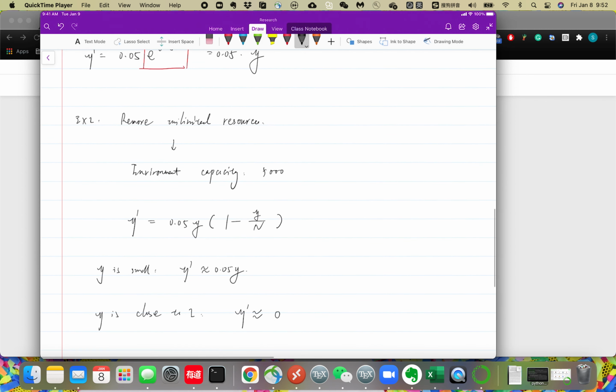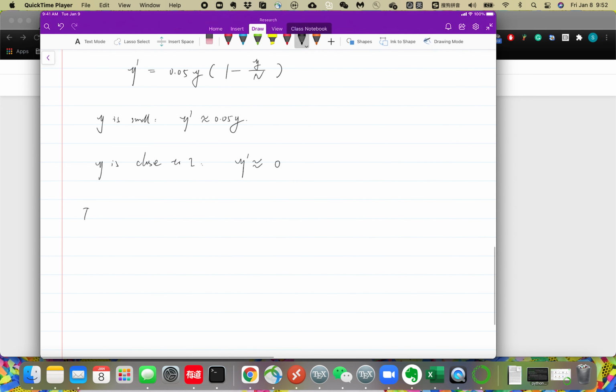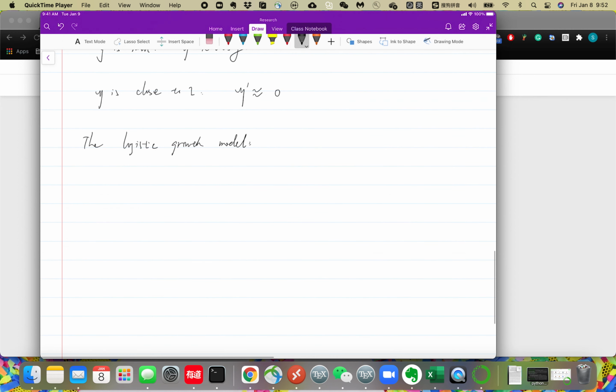So this is a very, very nice equation. This is called the logistic growth model. And the general form takes y prime equals ky times (1 minus y over N).